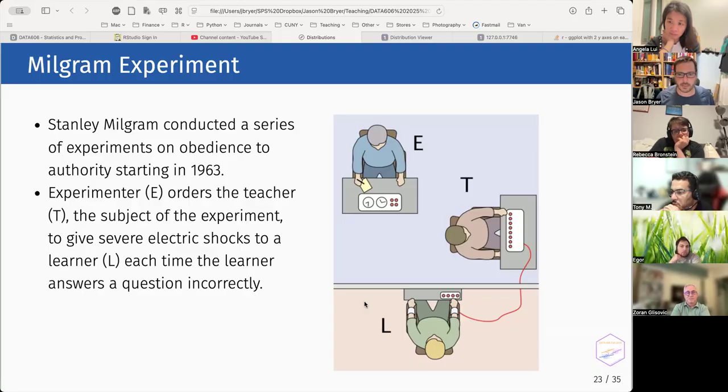And so he devised this experiment where he recruited participants, mostly undergraduate students, who were in the role of the teacher. The experimenter and learner were in on the study. They knew what was going on.